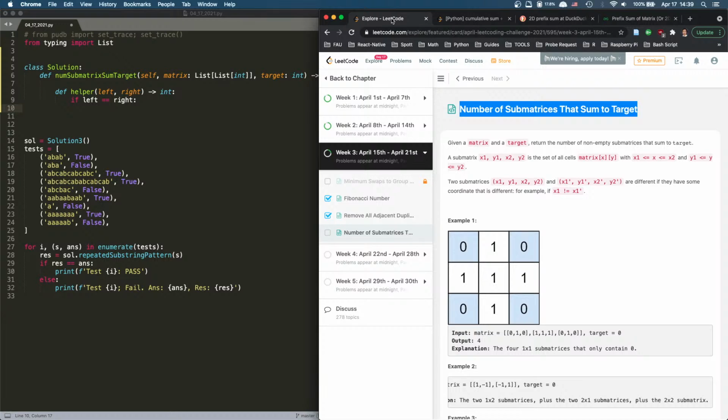Okay, we can get a current value, and I want to know what do I need to get to k, right? So I have my current matrix.